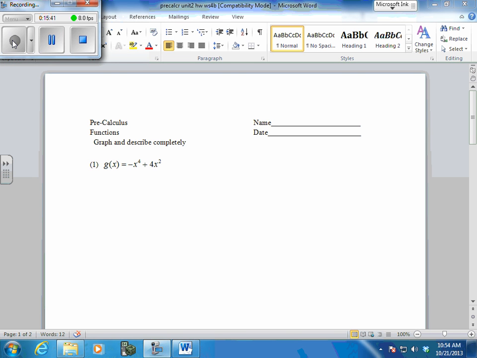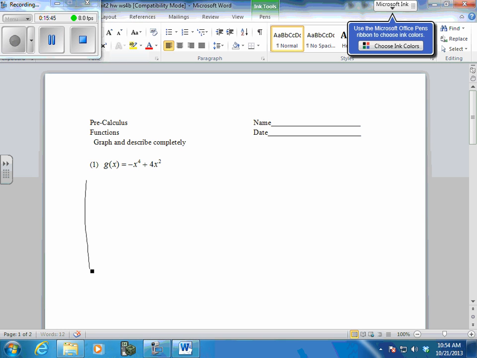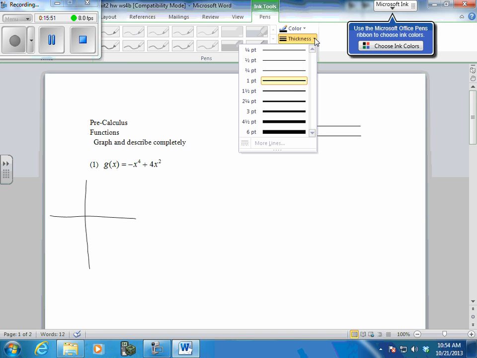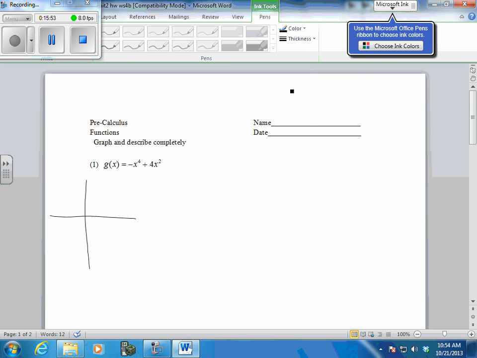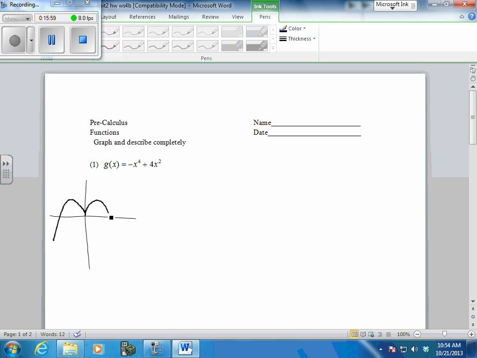And it looks like an M, right? An upside down W. Kind of looks like this, right?